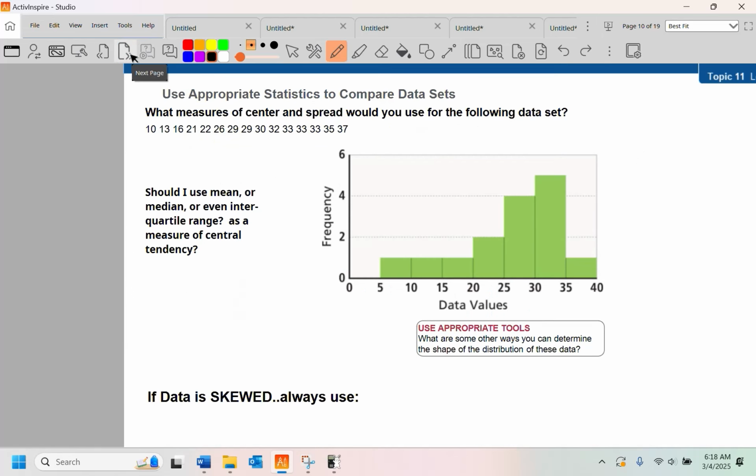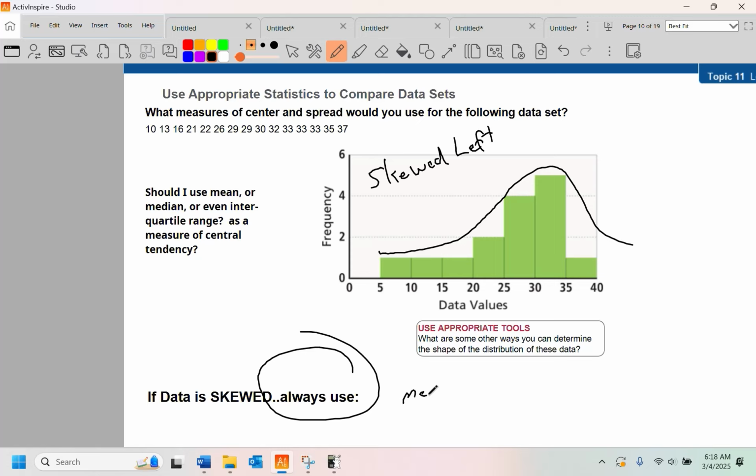All right, what measures of center and spread would you use for the following data set? So you'll notice that this one is skewed left. If data is skewed, you always use the median. So you should be using the median.